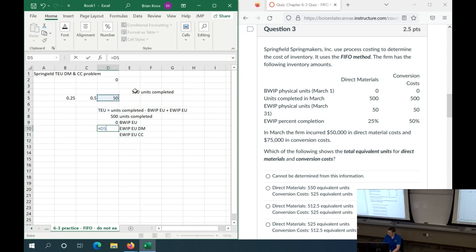So we have 50 units that are 25% complete, meaning 12.5 equivalent units with respect to direct materials. And 50 units that are 50% complete means 25 equivalent units in ending WIP with respect to conversion costs. So our TEU for direct materials and our TEU for conversion costs.